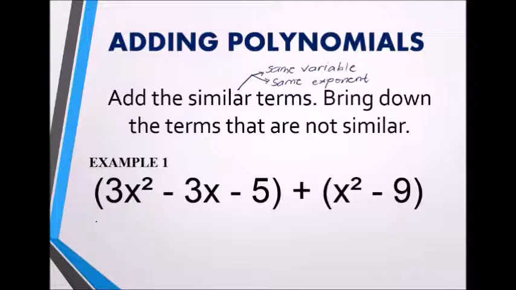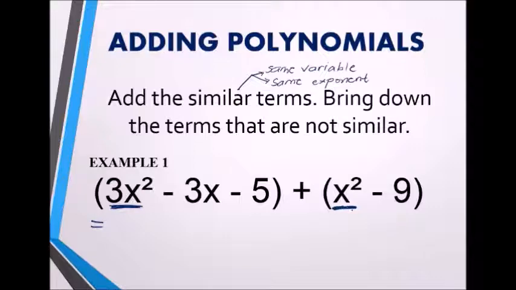So, let us add. 3x squared is similar to x squared. Lagyan ko siya ng underline dito. So, ito yung dalawang similar, and add lang po natin yung numericals niya. When we add similar terms, all you have to do is to add the numerical coefficient and copy the variable and exponent. Kopya lang po. Pwede mong isipin na itong variable and exponent ay parang label.